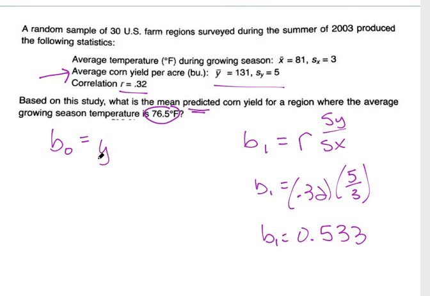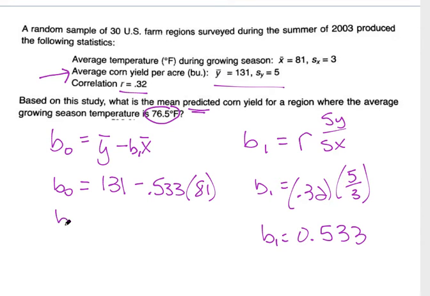Okay. B0 is going to be 131, because remember it's y bar minus x bar times B1. So B0 is equal to 131 minus 0.533 times 81. So B0 equals 87.8.